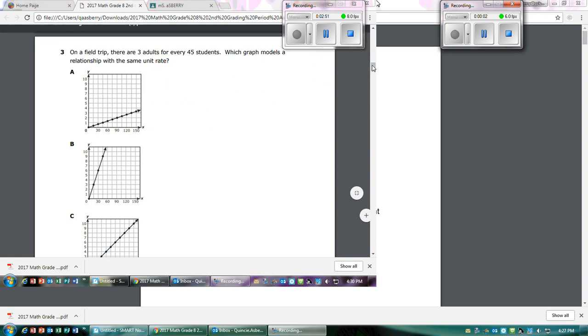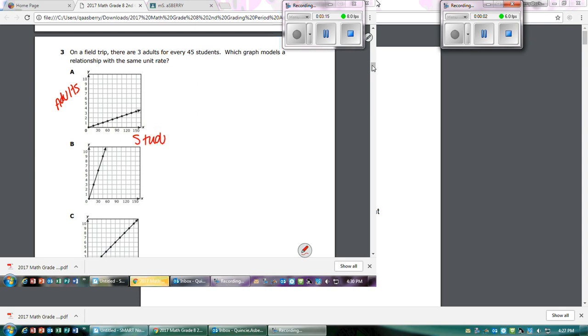It says on the field trip, there are 3 adults for every 45 students. Which graph models the relationship with the same unit rate? Looking at my graph, I noticed these are all big numbers on my x-axis and my y are all small numbers. So that means my adults are my y-axis and the students are my x-axis.